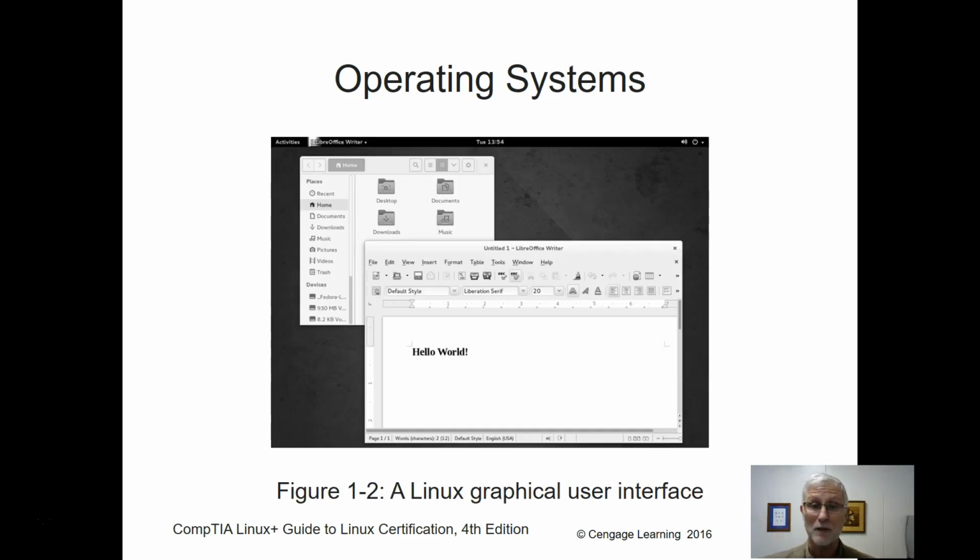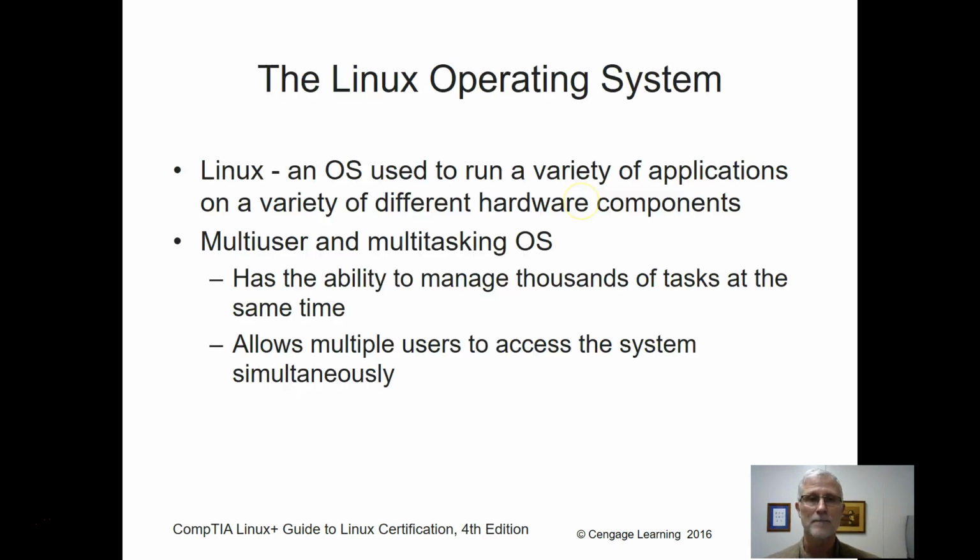Now, this is an example of a Linux graphical user interface. It looks a little bit different than what you use, unless you're on a Mac, where it may look similar as far as look is concerned. But this is a graphical user interface that you may see in Linux.